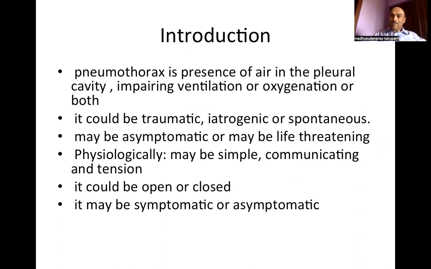It may be simple, wherein there is no mediastinal shift, but air is there in the pleural cavity. It is a small pneumothorax, which is asymptomatic. Communicating, in which the pleural cavity is communicating with the exterior. Another one is the tension pneumothorax. The features we have already talked about. The same way it could be open or closed. It could be symptomatic or asymptomatic.